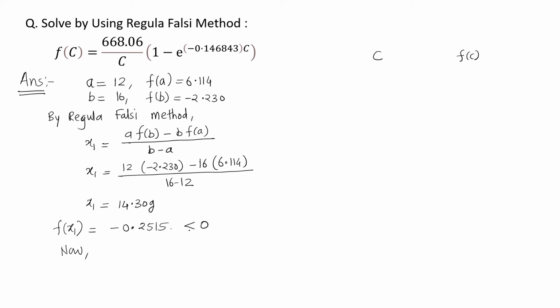This value is less than 0. So for the second approximation, a is equal to 12 because it has positive value 6.114, but b we have to assign this value, because we need the function value with the opposite sign, and f of b is equal to minus 0.2515.